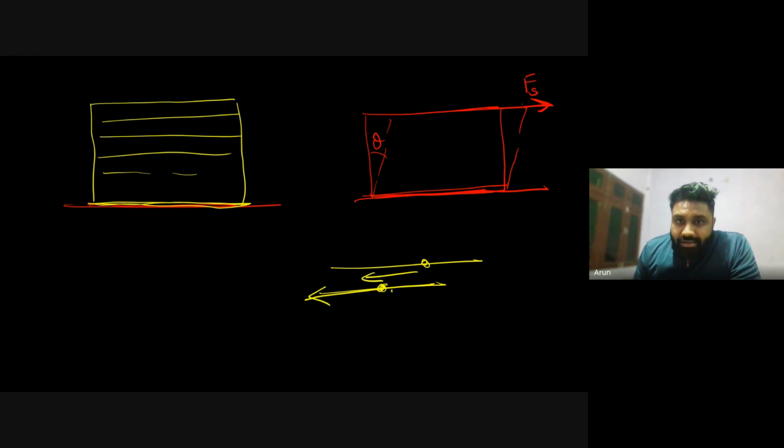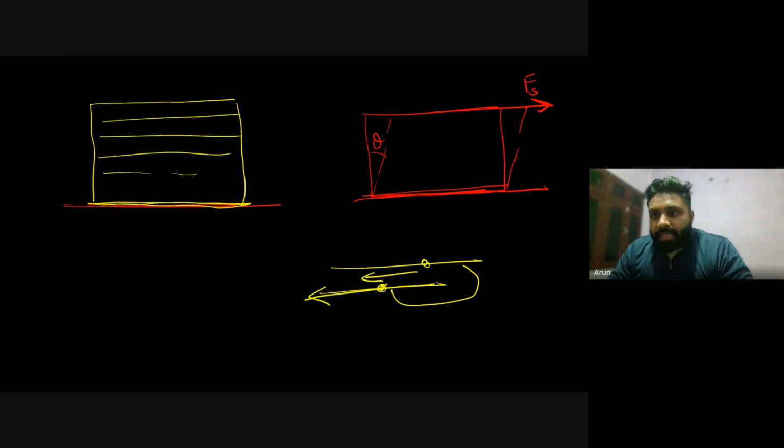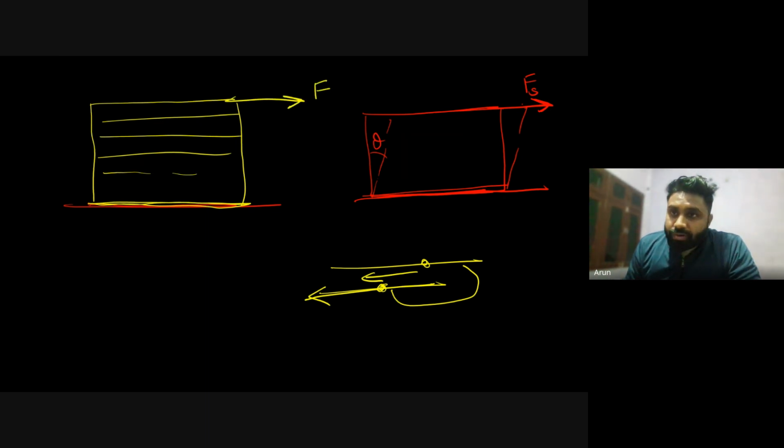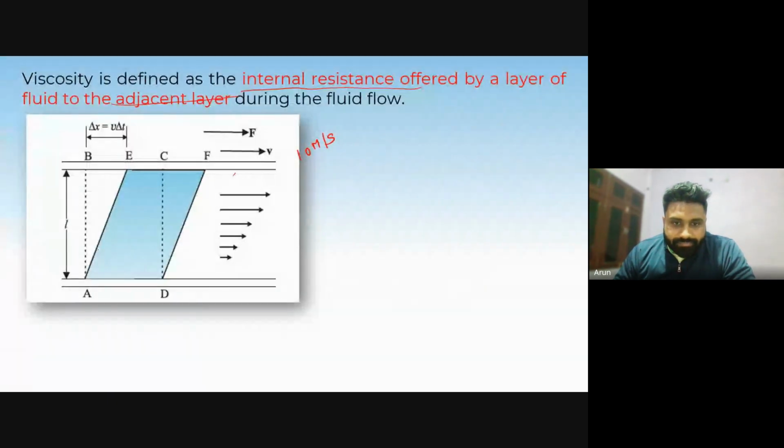So these layers are applying force in the parallel direction to the surface or to the layer. So the force we will have here is also a kind of shear force. Got it? That is why viscosity, I will discuss it next.